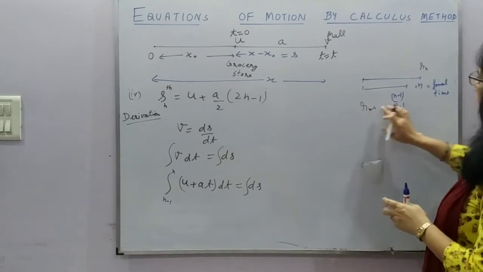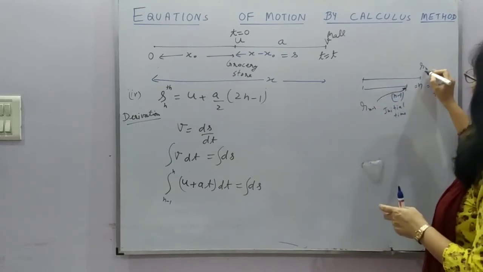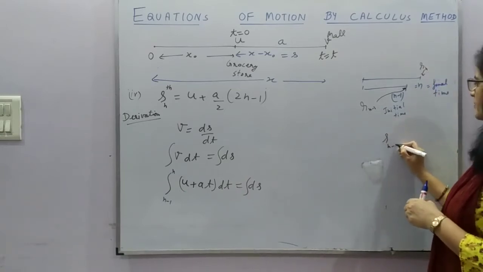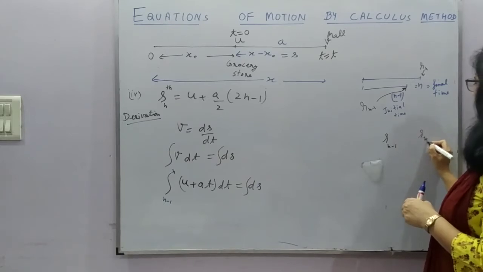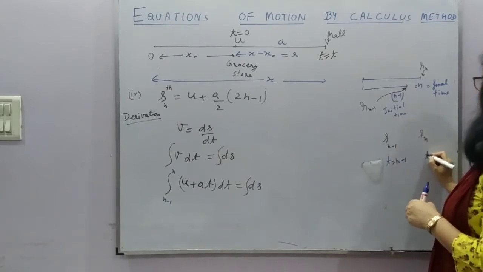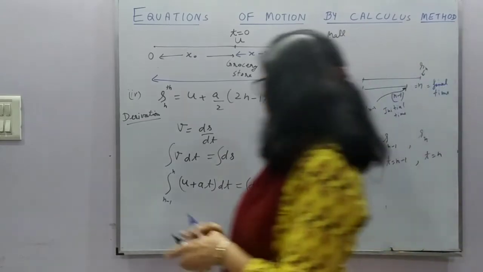This is applicable to this time and this is applicable to this time. So what is the limit of distance? S n minus 1 to S n, and time is from n minus 1 to n. If this concept is clear, it is not difficult.